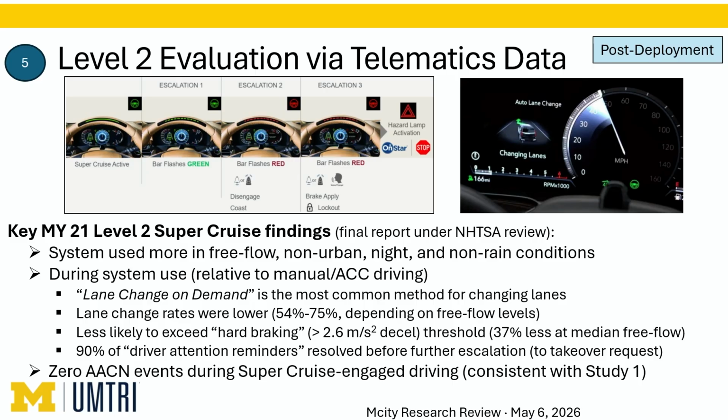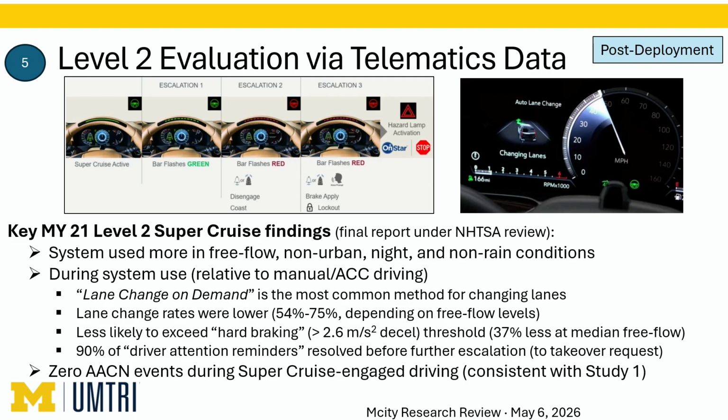One of the interesting things, and you'll see this with some others: when you see news reports comparing performance between, let's say, level 2 systems and manual driving, people consistently are using those level 2 systems in more free-flow, non-urban conditions, at night when there are fewer vehicles, and in non-rain conditions.